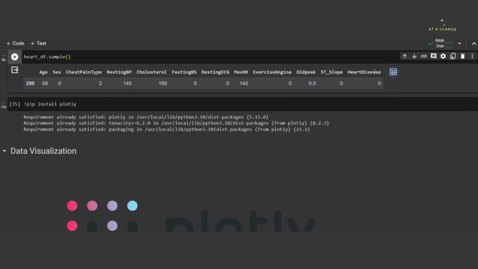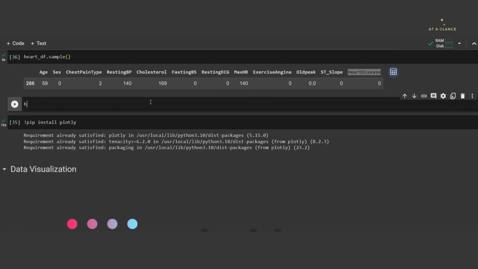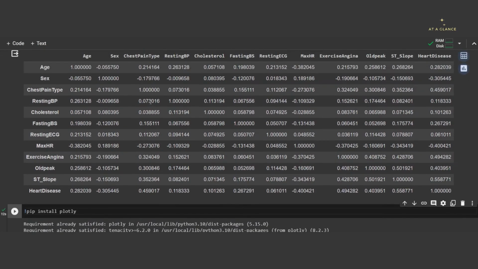First we'll try to figure out the relationship or the correlation among these columns, specifically the correlation between every single feature column and the target column. To get the correlation, we know that we can easily get it with the help of the .corr function. So heart_df.corr is going to give us the data frame in which the correlation values will be printed.